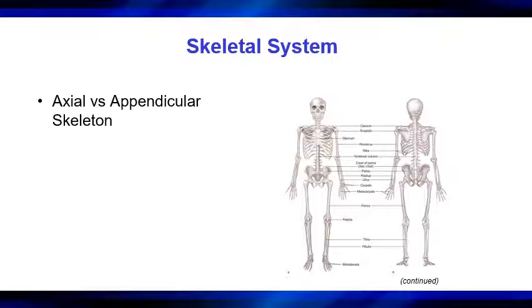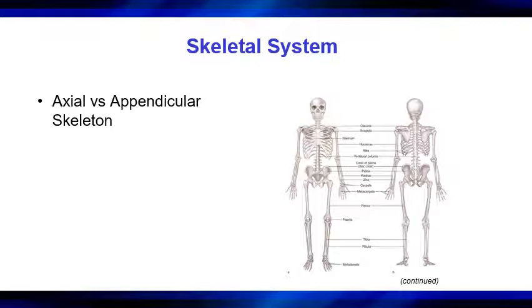One way we classify the skeletal system is by breaking it up into the axial versus the appendicular skeleton. The axial skeleton is essentially your skull, your vertebral column or spine, your ribs, and your sternum. And then the appendicular skeleton is everything else.